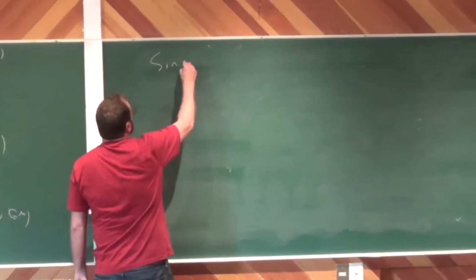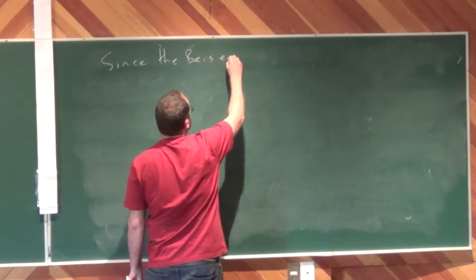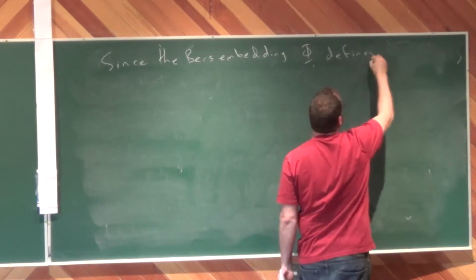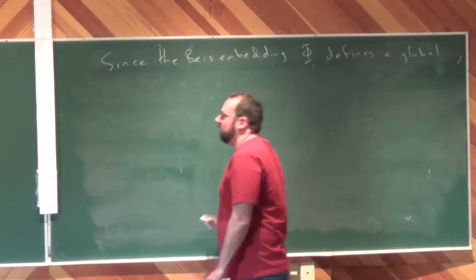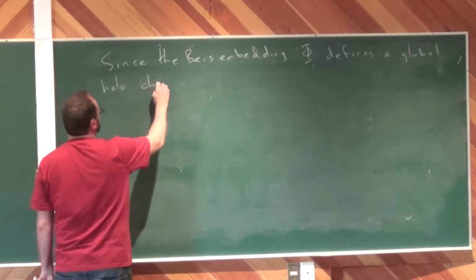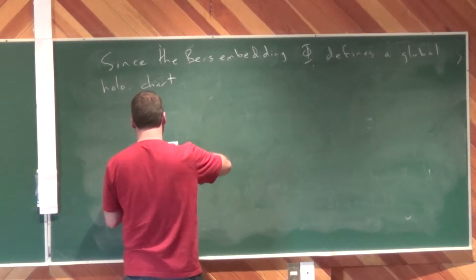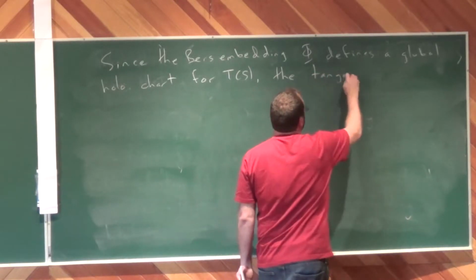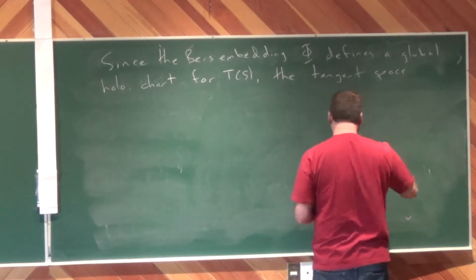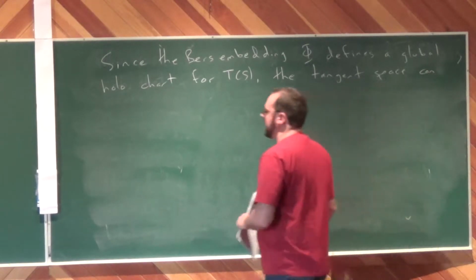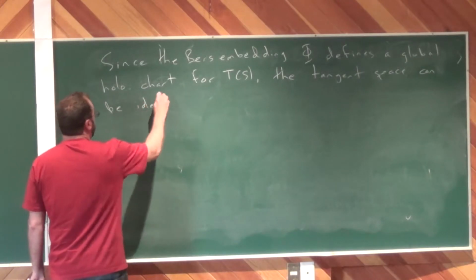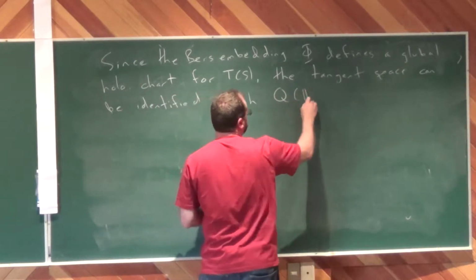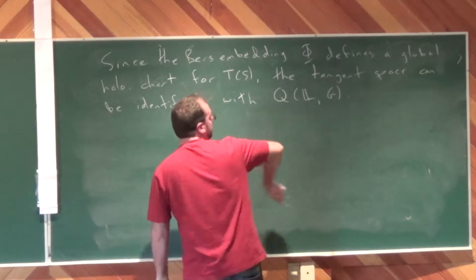Okay. So as I said, since the Bers embedding phi defines a global holomorphic chart, the tangent space of Teichmüller space can be identified with Q L G, the tangent space at the base point.